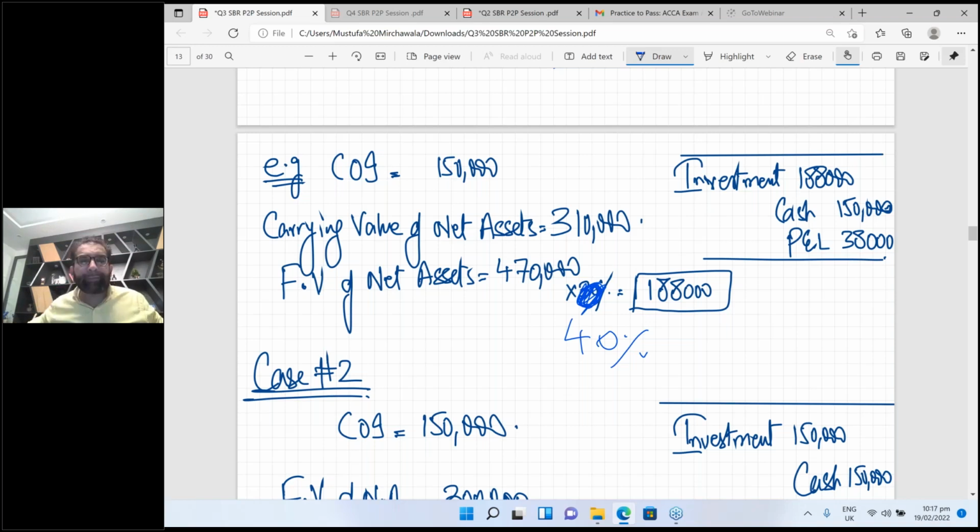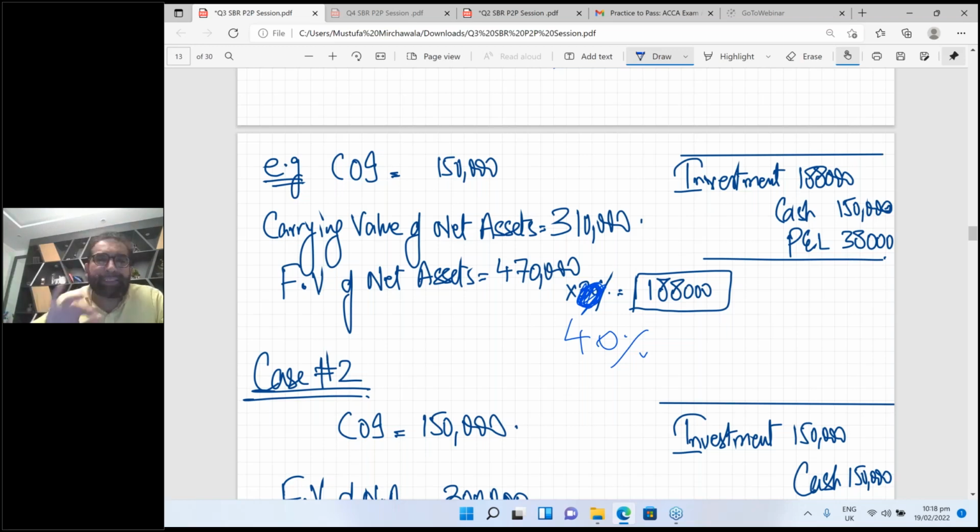I repeat. Simple consolidation case. You are computing goodwill, holding is 100%. Your COI, cost of investment, is 100,000 and the fair value of net assets of subsidiary is 80,000. So obviously at the bottom line you will get 20,000 goodwill because you are paying more than fair value.